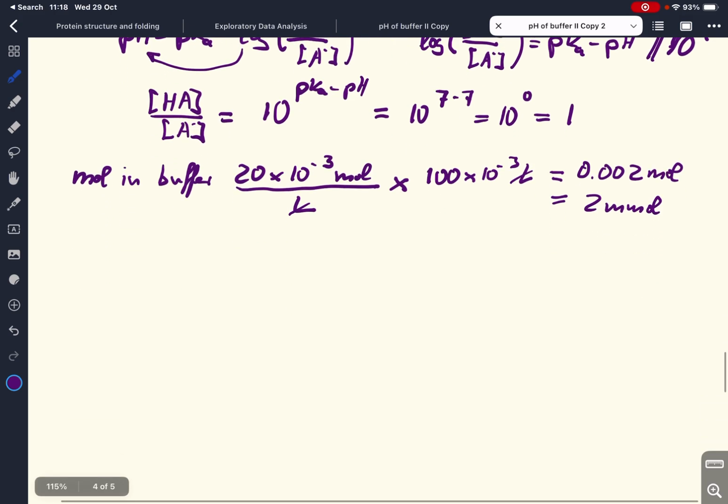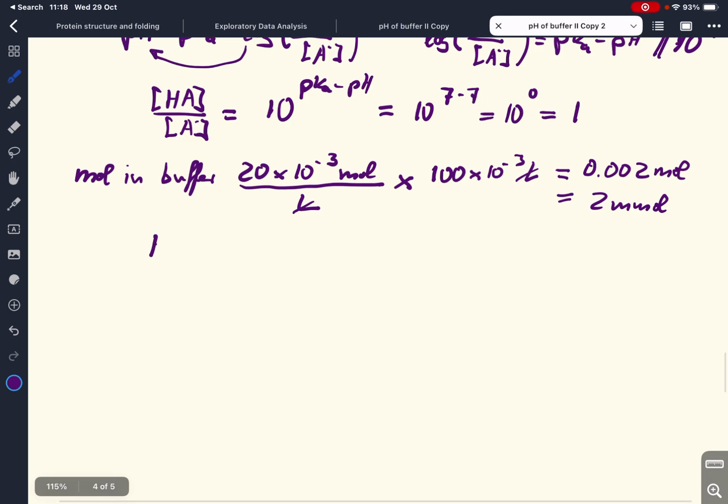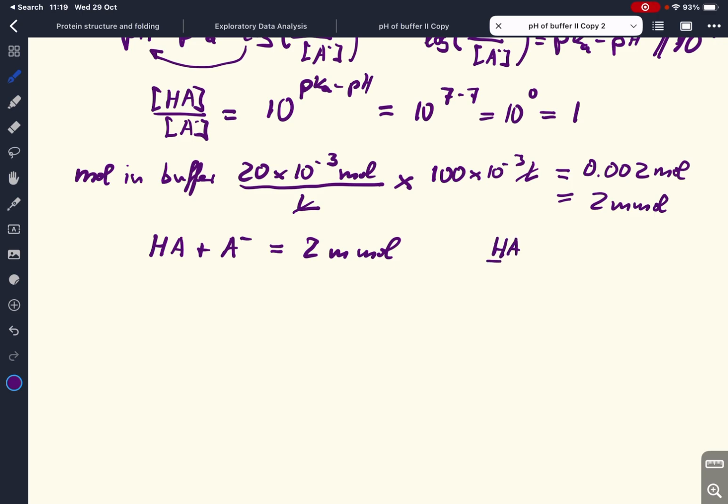So we know that the amount of the HA plus the base together gives us 2 millimole. And we also know that the ratio is 1 to 1, so we can write HA over A minus equals 1, or we can say HA equals 1 times A minus. And we just simply take that and replace that here.